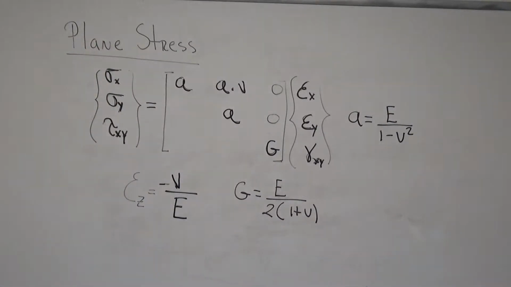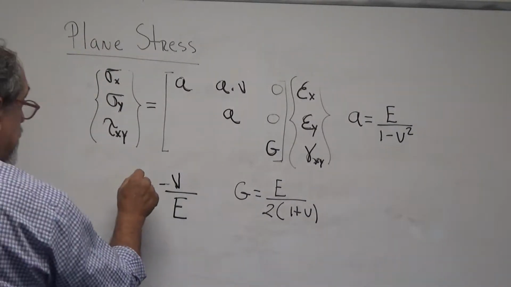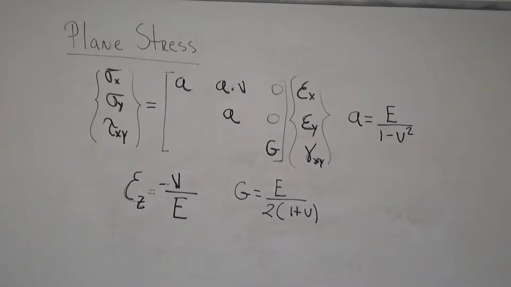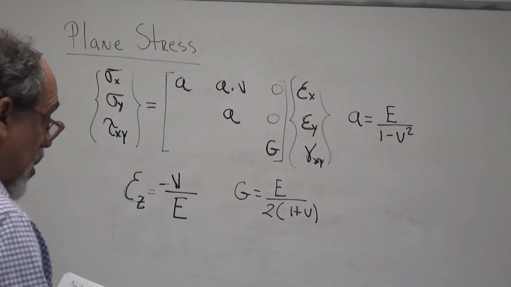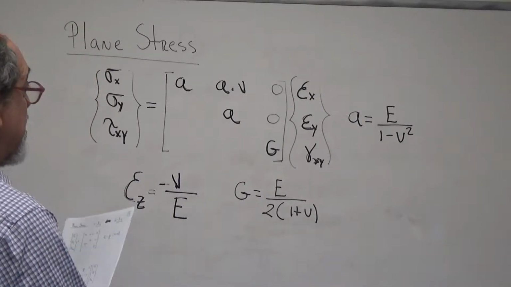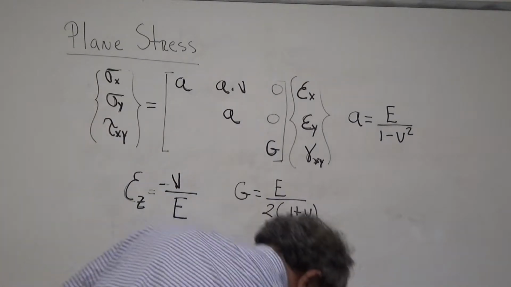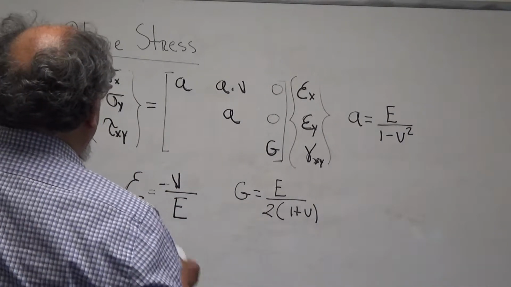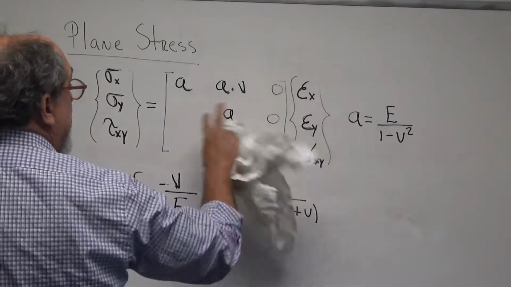I'm going to go to the computer to check that everything is visible on the screen. Okay, looks fine to me. So that is plane stress. Now the inverse of plane stress is when we put the strains on this side and the stresses on that side.